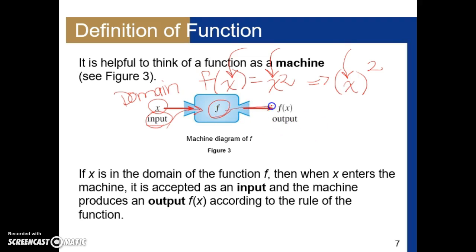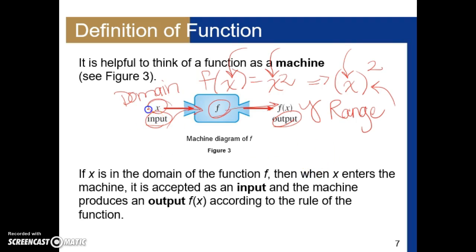When that is done, we get a corresponding output value. That's the whole range. That's the set of numbers that are the result of this mathematical operation done by the function f.